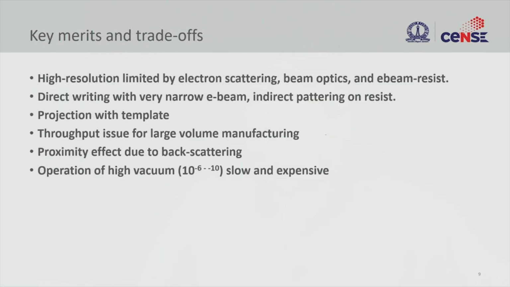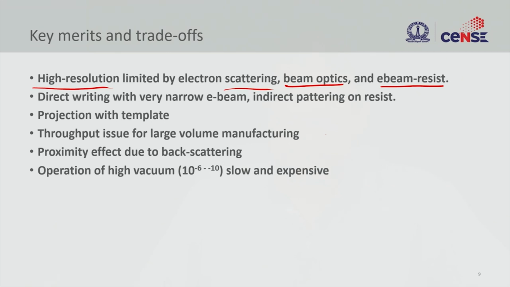And overall the key metric to look for in any writing system is the resolution, right, and the resolution of any electron beam system is limited by the scattering of the electrons in the resist, and the electron resist resolution itself, the chemistry and so on, and the beam optics, the lens and so on, right.